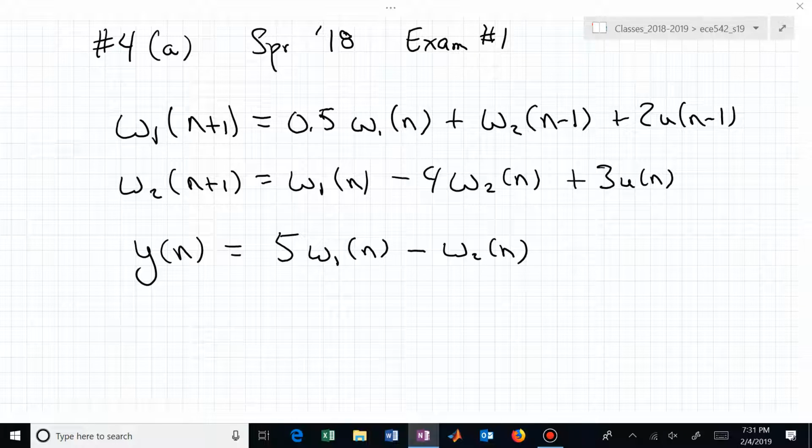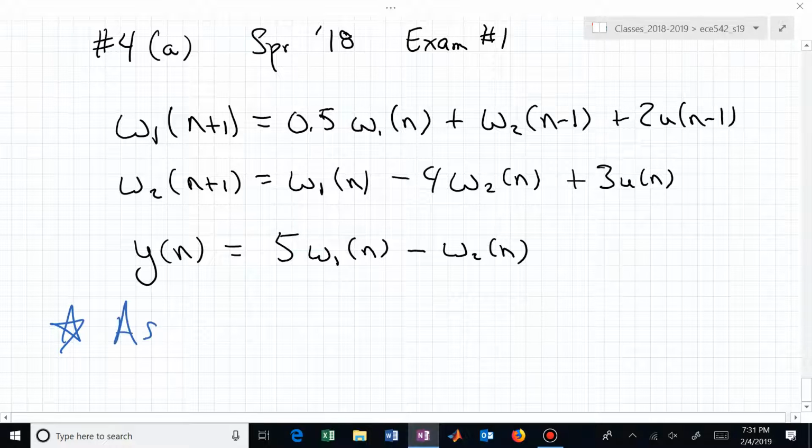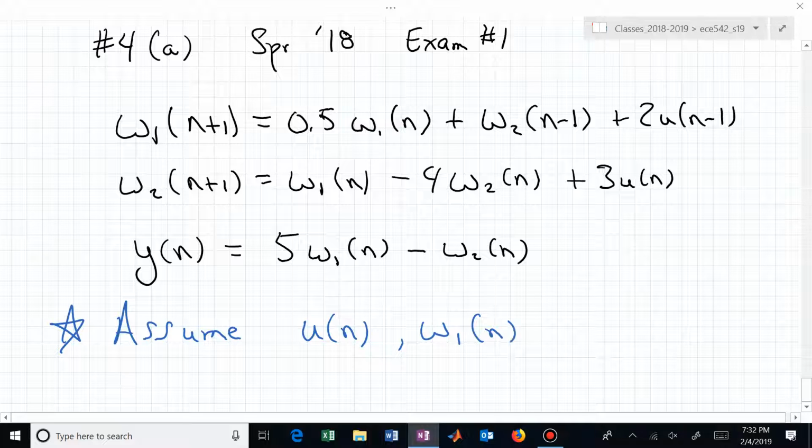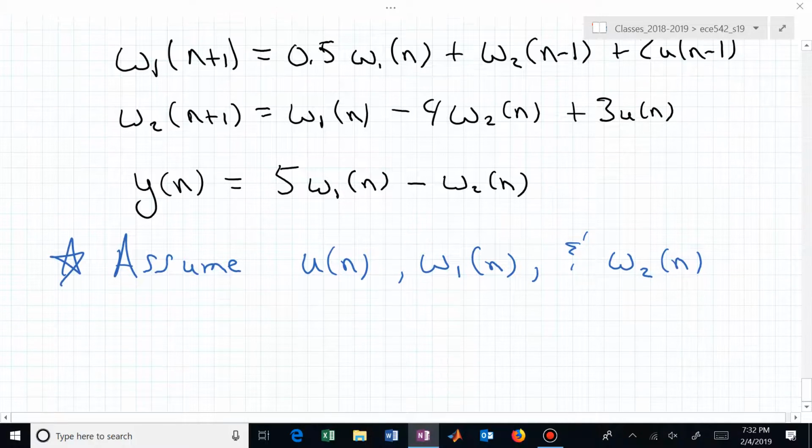I'm going to try to talk our way through that nesting process, but the process will assume that everything that goes into a delay block eventually needs to be restricted to just an undelayed version of the input, U, an undelayed version of one of the state variables, W1, and an undelayed version of the other state variable, W sub 2. So we're assuming that those waveforms are available.